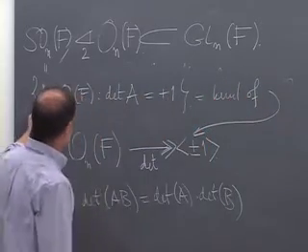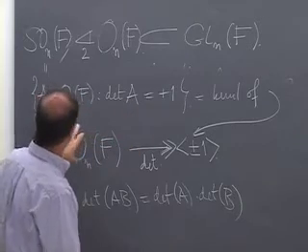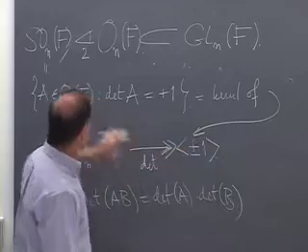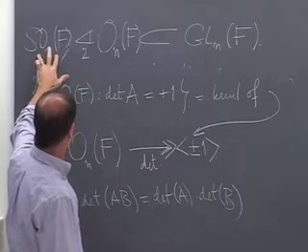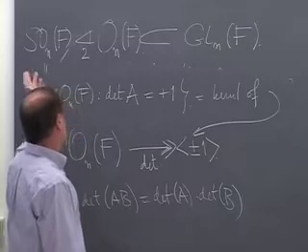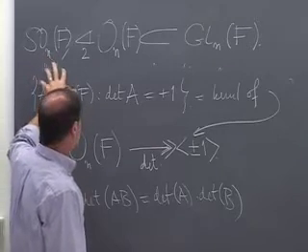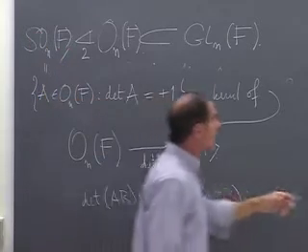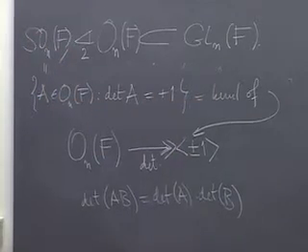And the kernel, we know by the isomorphism theorem, the quotient group is the image. The image is plus or minus 1, so there are exactly 2 cosets of this group in this group. And the kernel is a normal subgroup. And the cosets are the elements of determinant 1, that's this, and the non-trivial coset, namely this times SO_n.